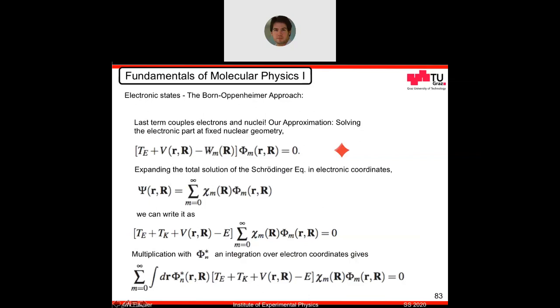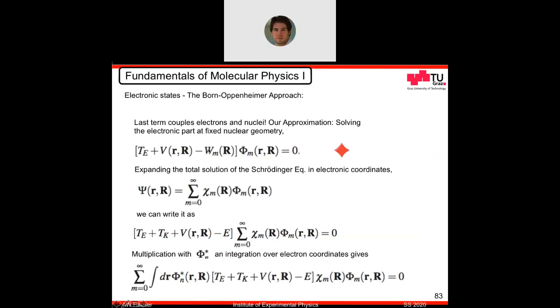So the potential energy surface is nothing but the eigenvalue of the electronic part of the Schrödinger equation for a given core arrangement. This is W_m, and I've indicated it with m to show you that there is a whole set of electronic states. There is the electronic ground state, and then there are electronic excitations.